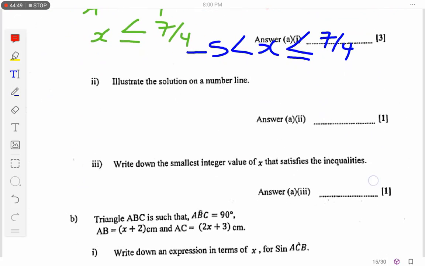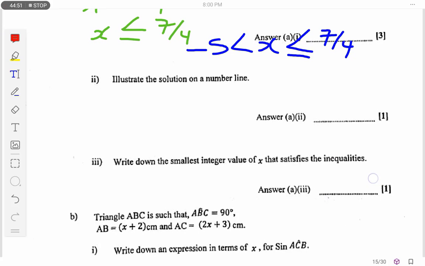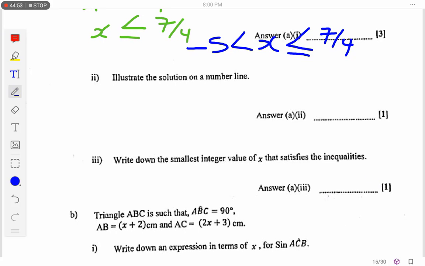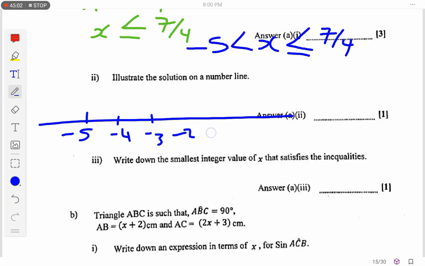Then they're saying illustrate the answer on a number line. So on a number line, I go to minus 5, minus 4, minus 3, minus 2, minus 1, 0, 1, 2. Okay, and this is an x there.